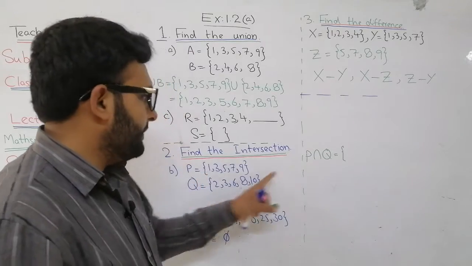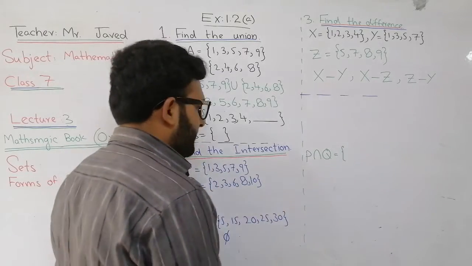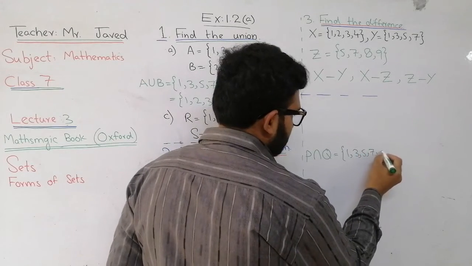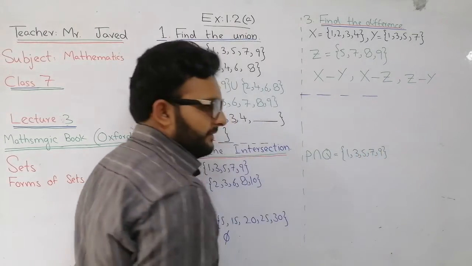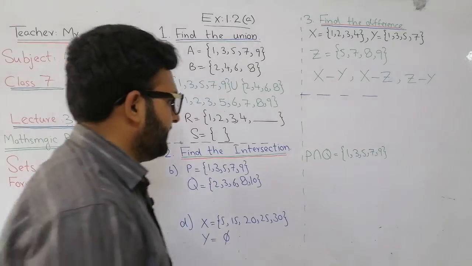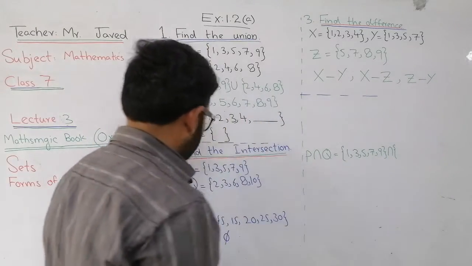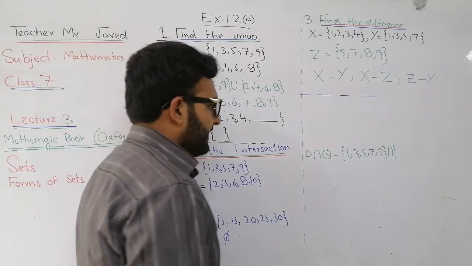First of all we write P: 1, 3, 5, 7, 9. And after the intersection sign, we write Q: 2, 3, 6, 8, 10.